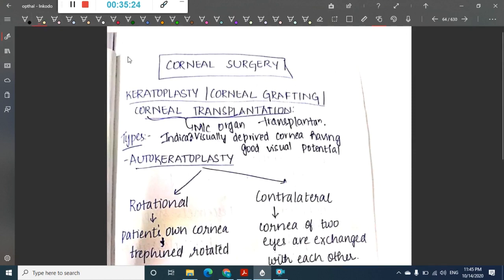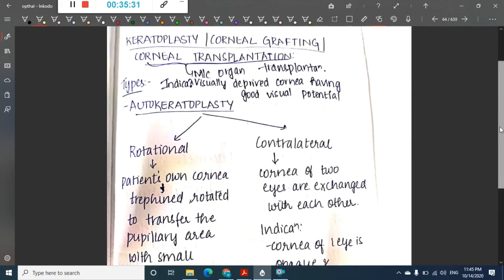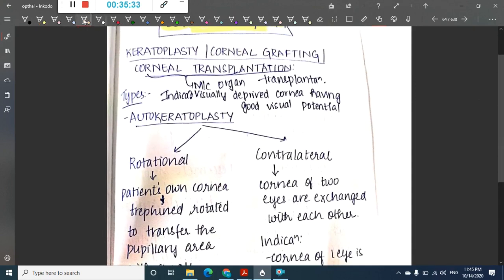Then let us learn a few small points about corneal surgery. The first type of corneal surgery is called keratoplasty, or corneal grafting, or corneal transplantation.